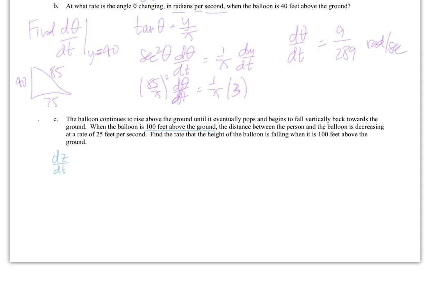Right here, the distance between the person and the balloon is decreasing, so that's negative. Find the rate that the height of the balloon, so we're finding dy/dt, specifically when it's 100 feet above the ground. When y is 100.